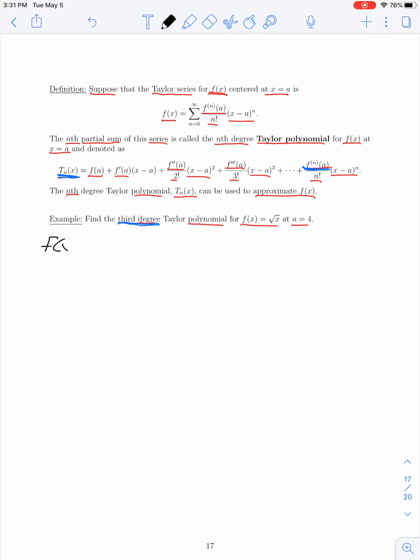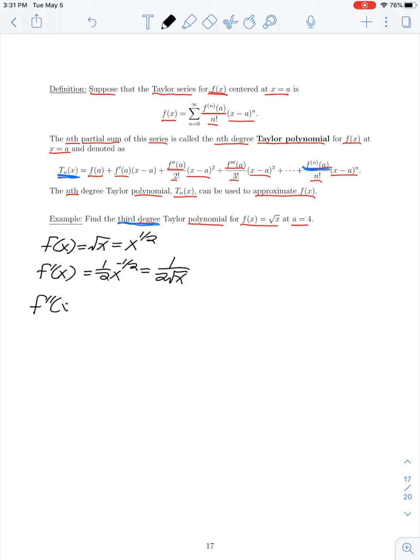In this example, f of x is the square root of x, or x to the 1/2 power. Its derivative, f prime, is then 1/2 x to the negative 1/2, or 1 over twice the square root of x.